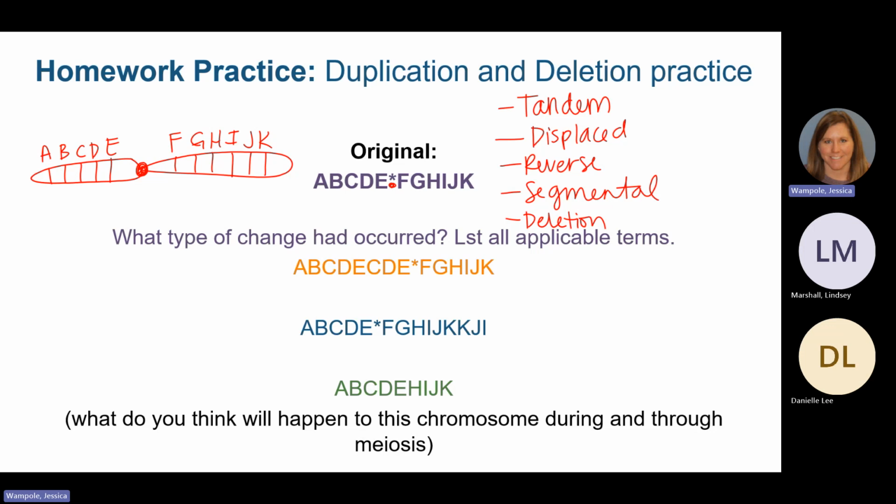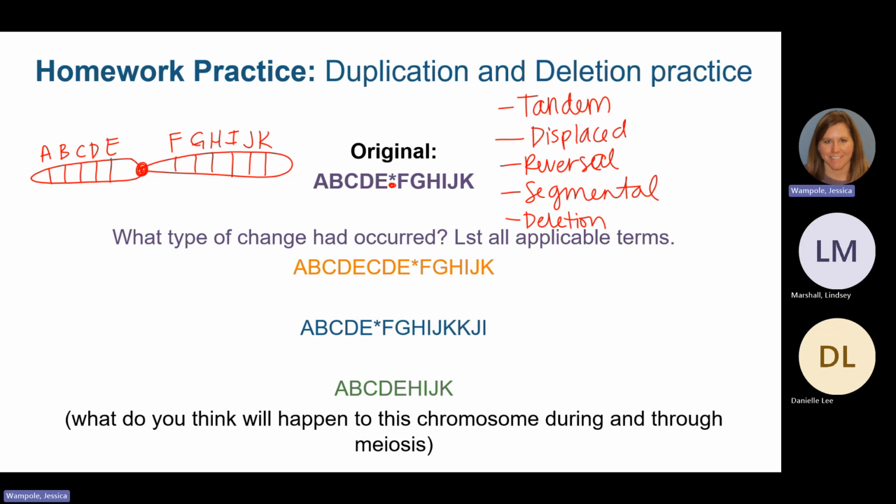But just as a quick review, tandem means that you get 2 of the same chunks adjacent to one another. So you get a duplication and then the same chunk right next to it in position. Displaced means that you have a duplication that is somewhere else, so not adjacent to it. Reversal means that when it was inserted into a new location, the sequence is now backwards.